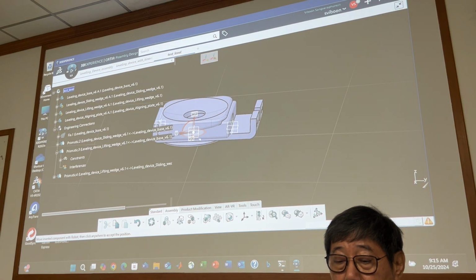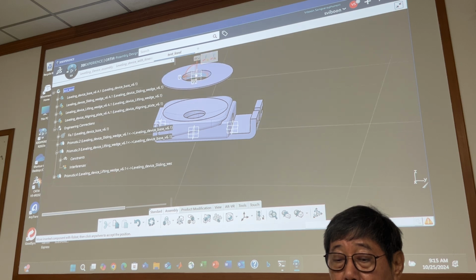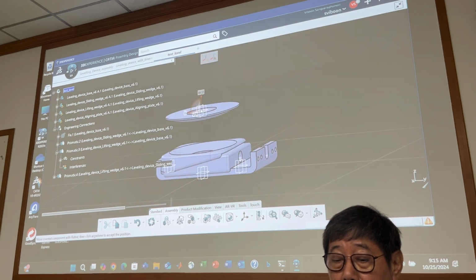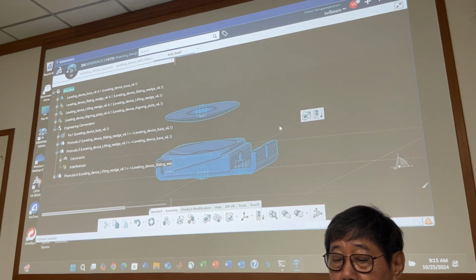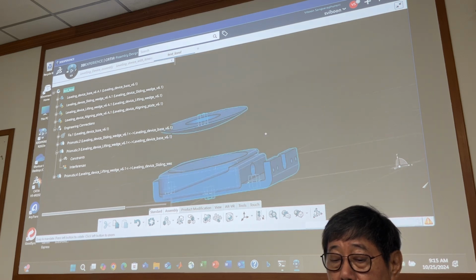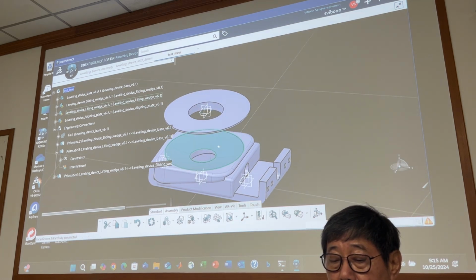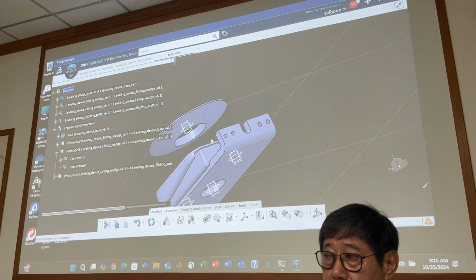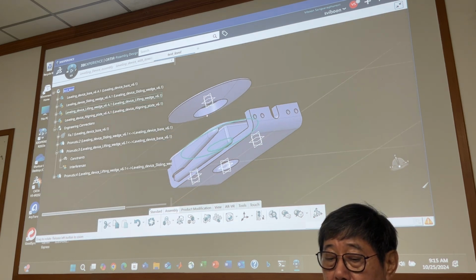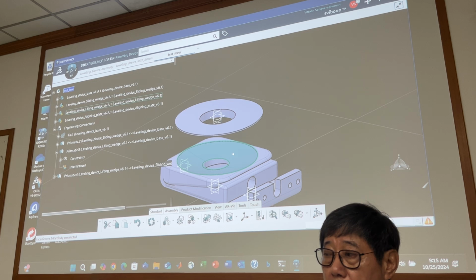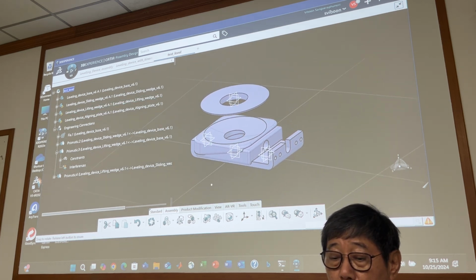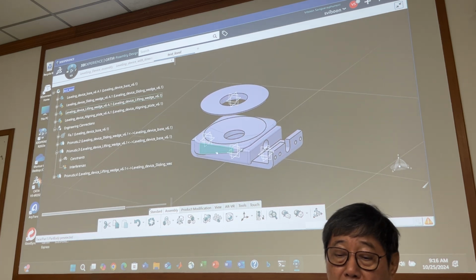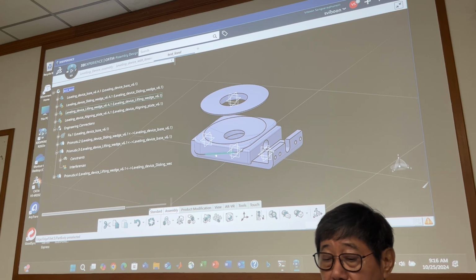You have to be careful about this one. Actually the curved surface of this plane and this one have to be exactly the same. Okay, this one. So first of all, you want to reach it, right? But anyway, we need to assemble it first.